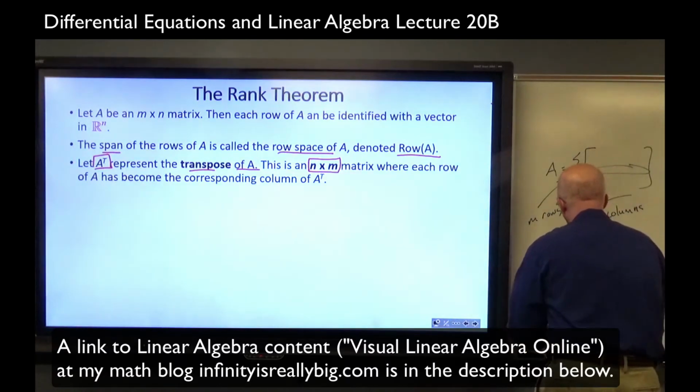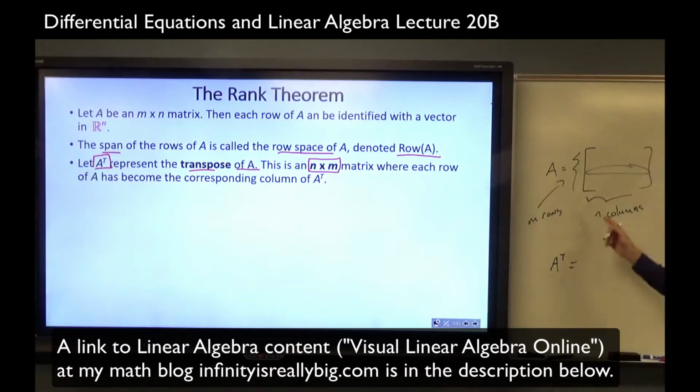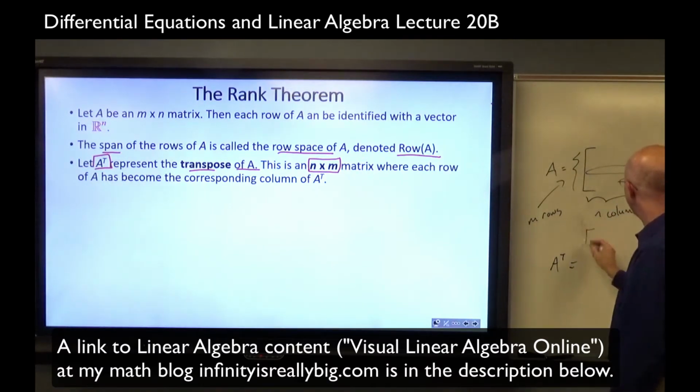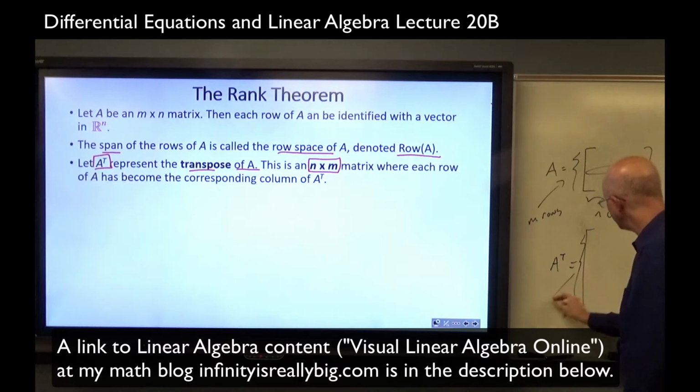Since A has more columns than rows, A transpose would then have more rows than columns. It's going to be n rows and m columns.